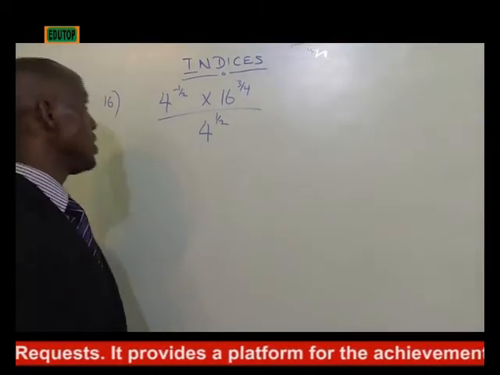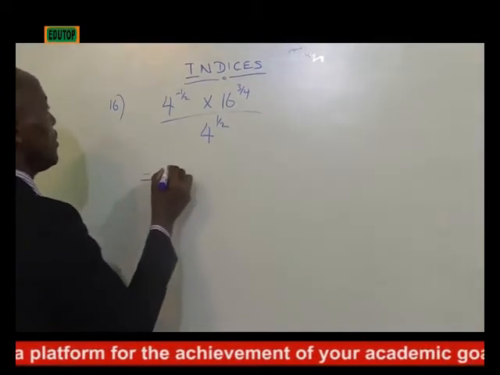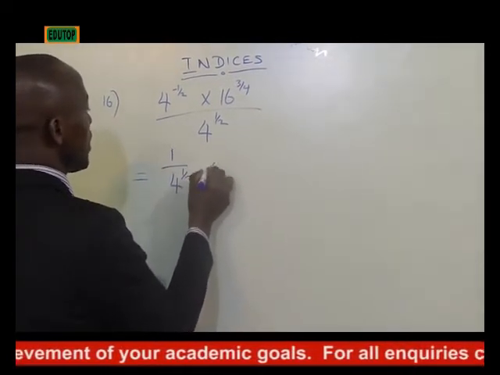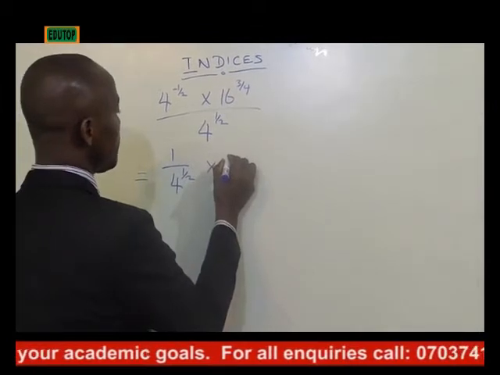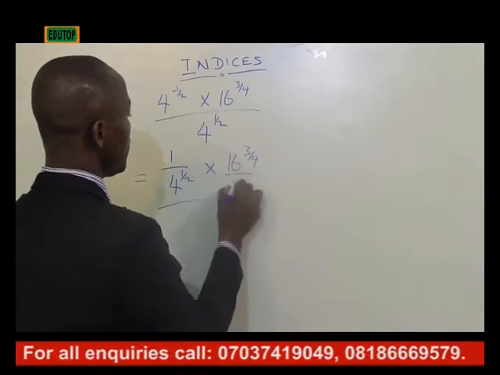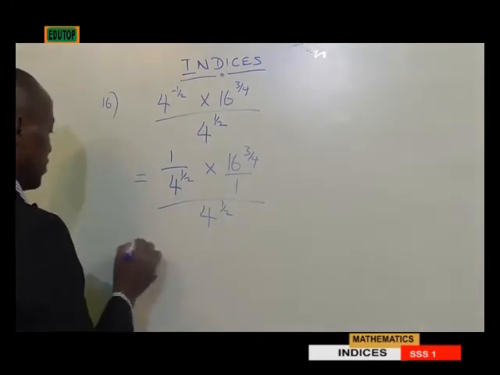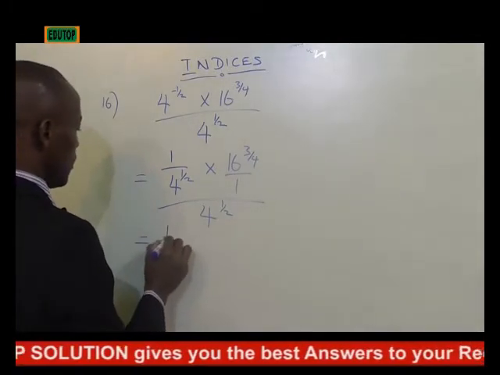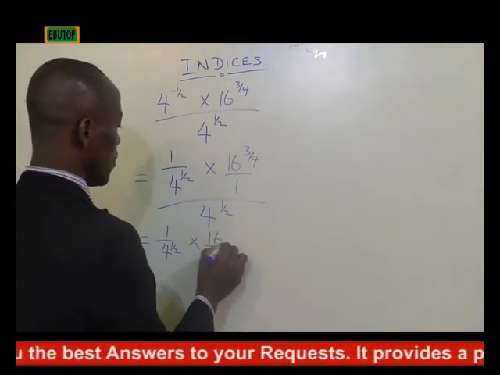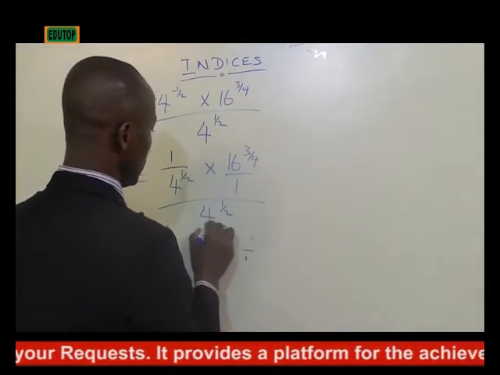The first thing you have to do is resolve this minus, which will give us something of this format: 1 over 4 raised to power 1 over 2 times 16 raised to power 3 over 4, all divided by 4 raised to power 1 over 2.